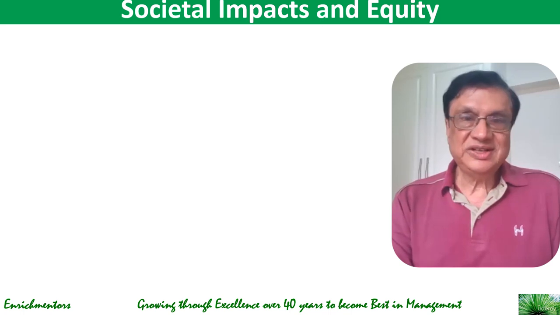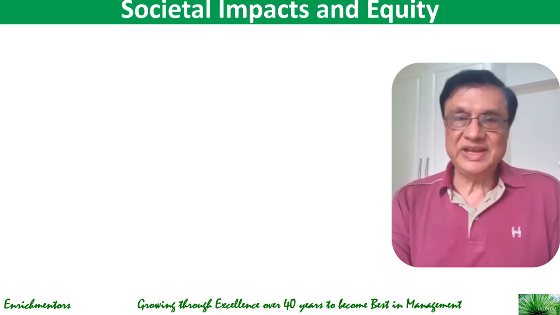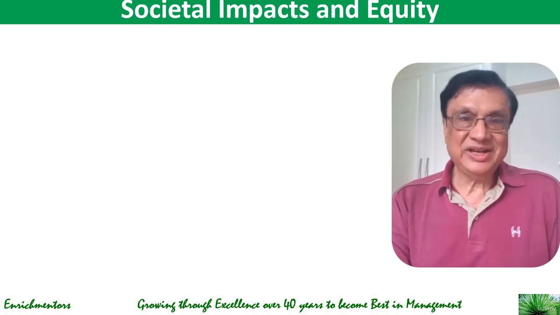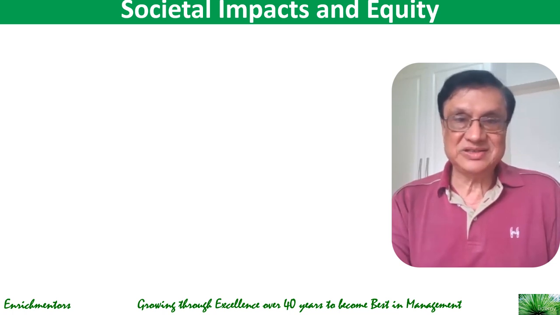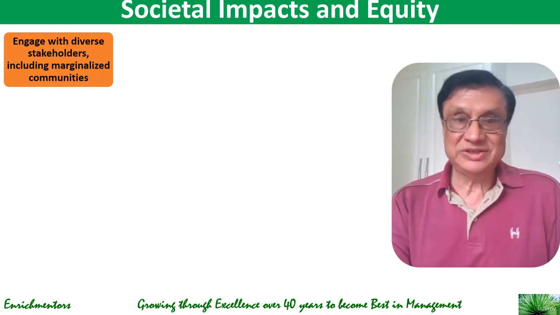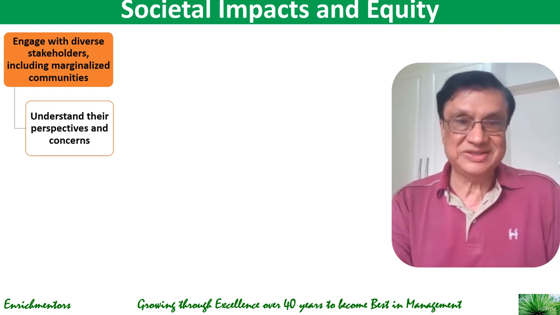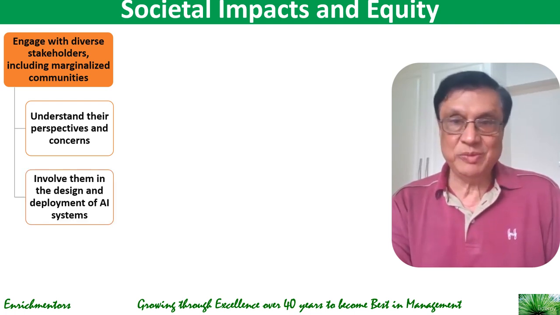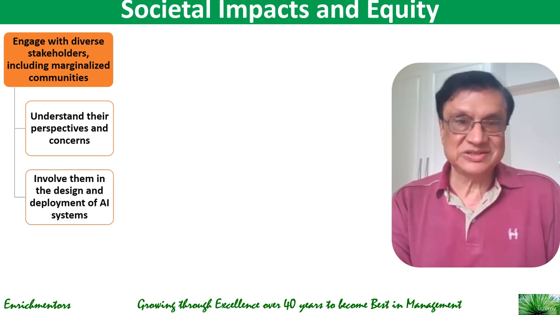So you need to consider the broader societal impacts of AI technologies and their potential to exaggerate or alleviate existing inequalities. And for that, you need to engage with diverse stakeholders, including marginalized communities, basically to understand their perspectives and concerns and involve them in the design and deployment of the AI systems.